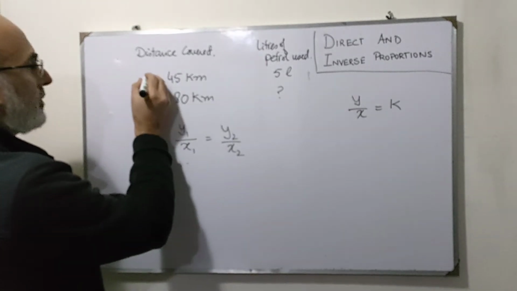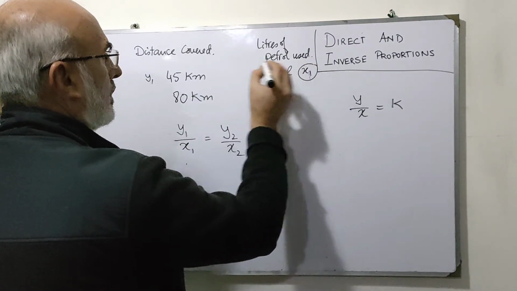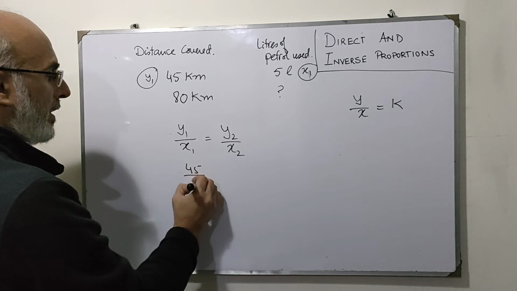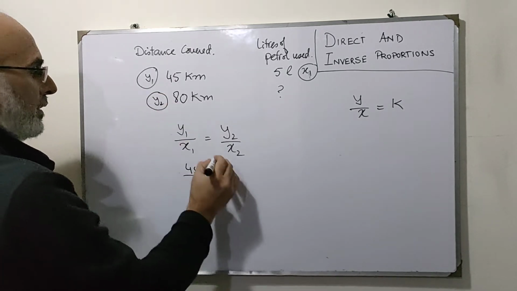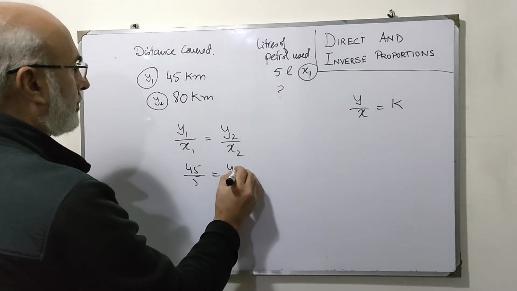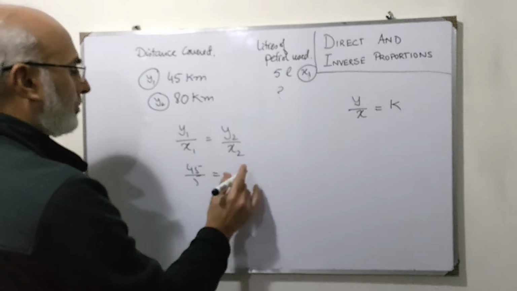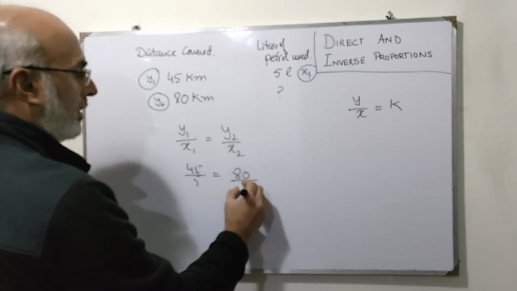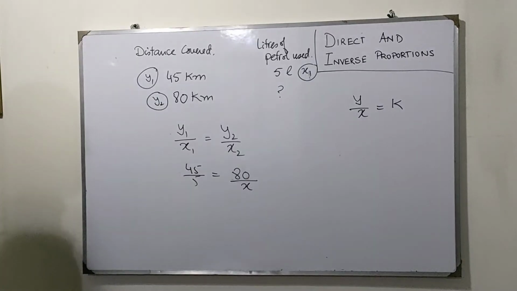This is y1, this is x1, okay? So 45 over 5 is equal to, now what is this? This is y2, and we don't know this, so it is still x, okay?